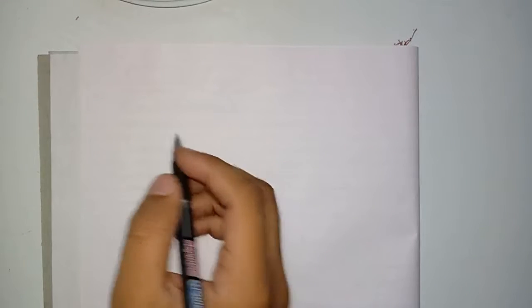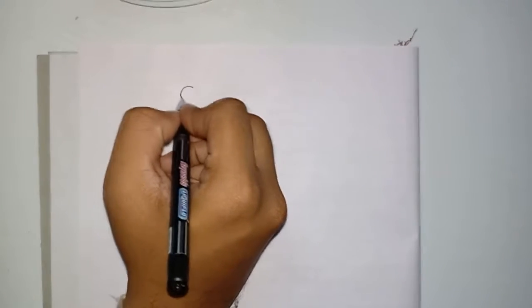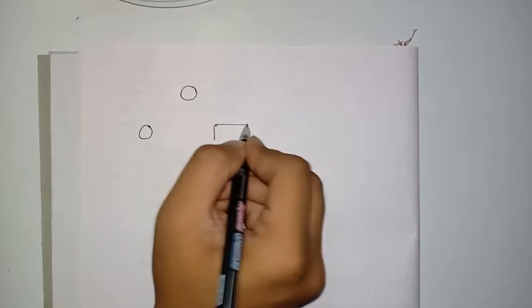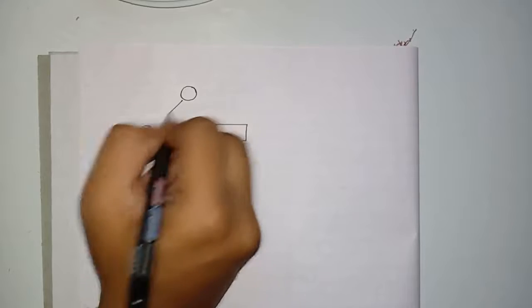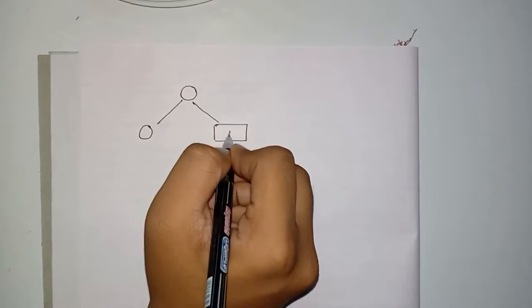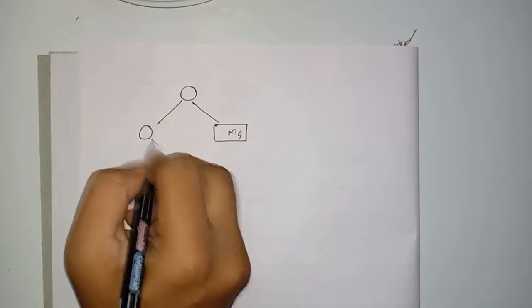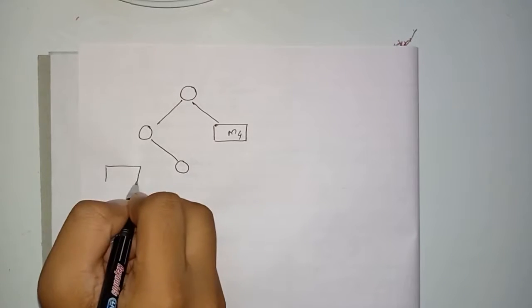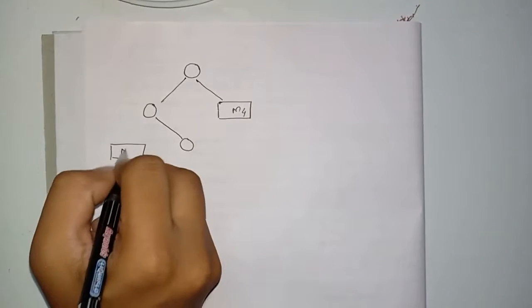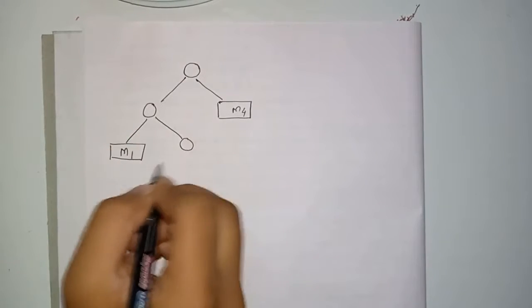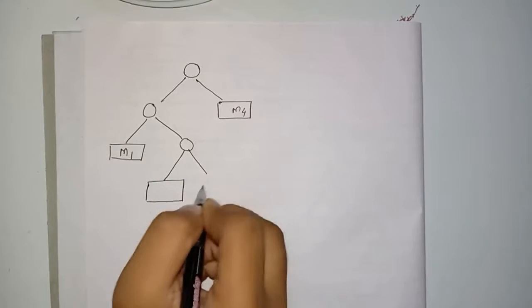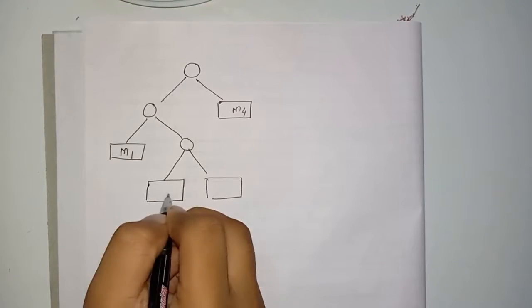Considering any tree as a Huffman tree like this, the rounds are nothing but the nodes and the squares are called messages. That is the first message, this is another node, this is a message box, this is also a message box, and it is the last message box.